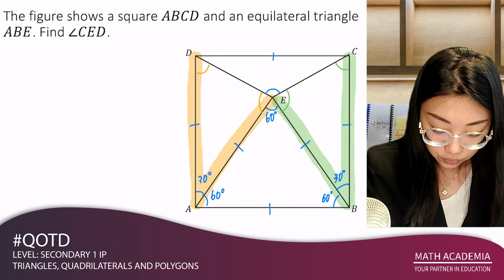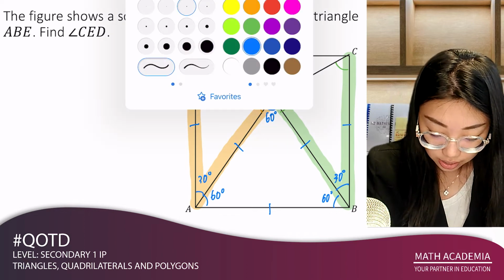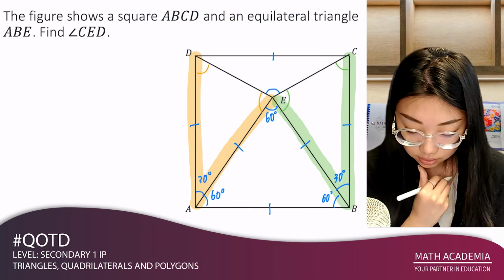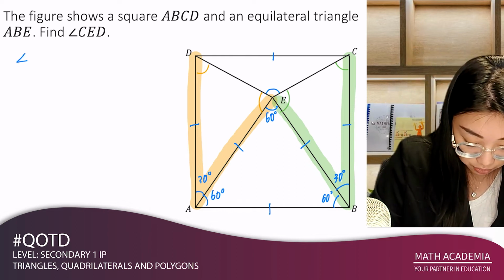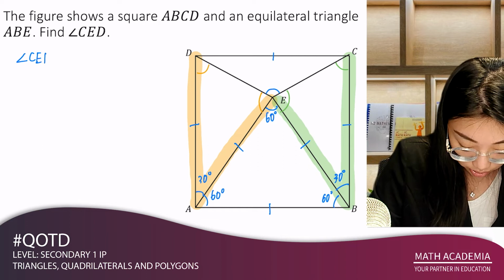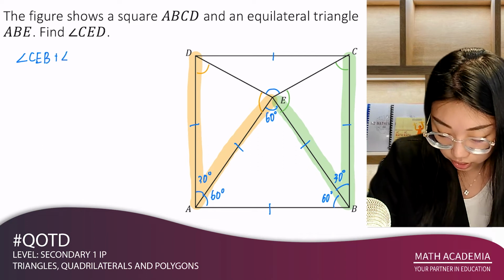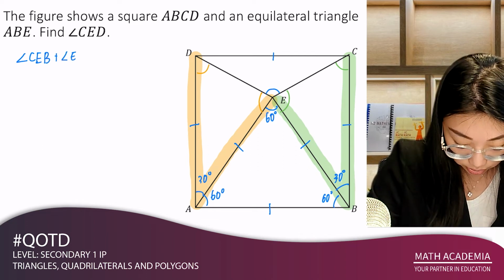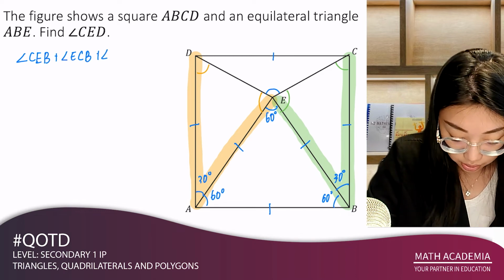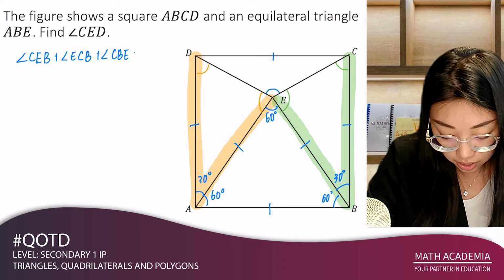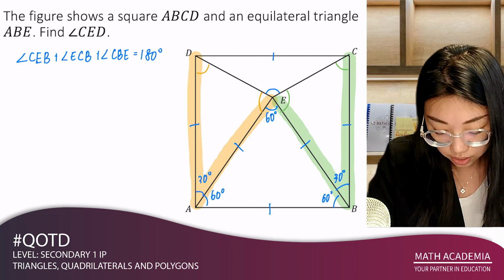Okay. With this knowledge, let's try and find angle CEB. So angle CEB plus angle ECB plus angle CBE gives me 180 degrees.